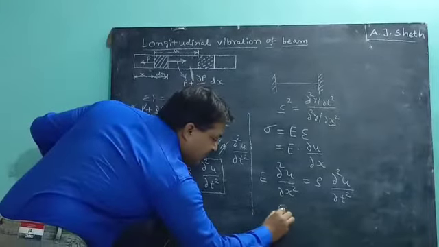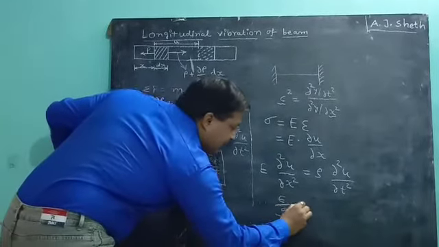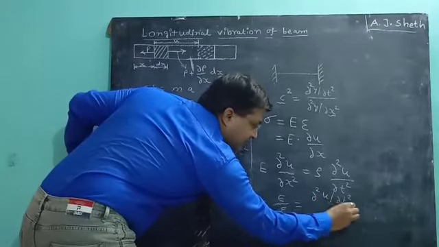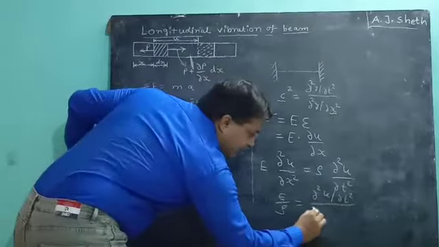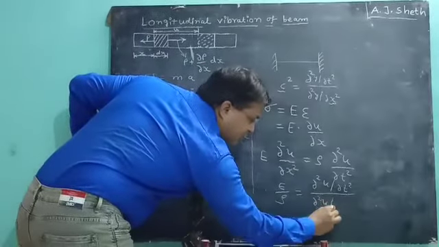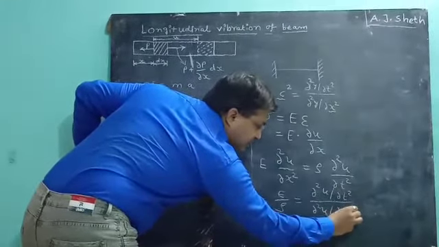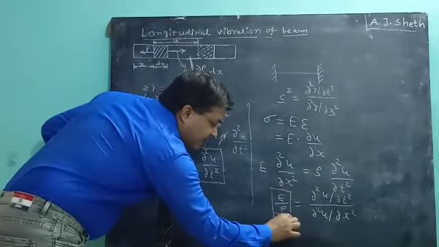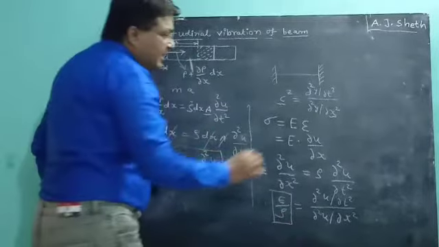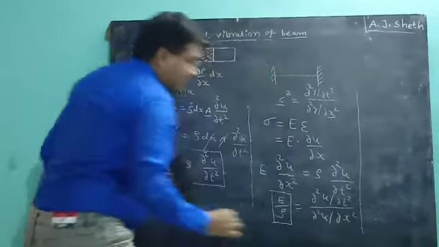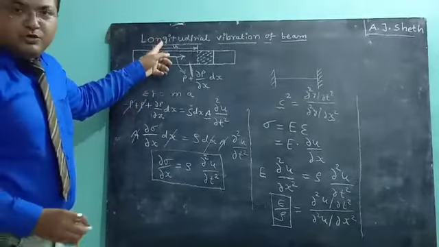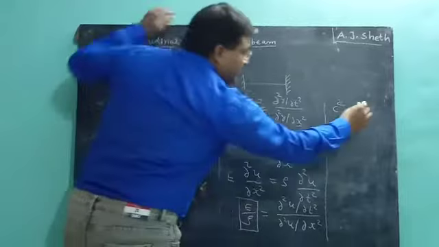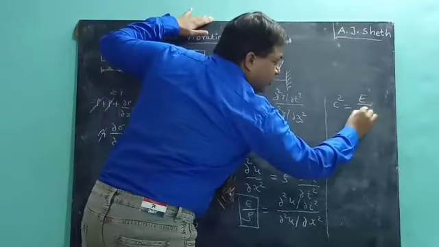Therefore, E by rho is equal to del square U by del T square in the numerator part, and the denominator part is del square U by del X square. So this is nothing but C square. Here for longitudinal vibration, C square is equal to E by rho.